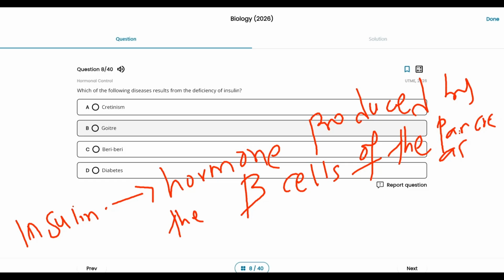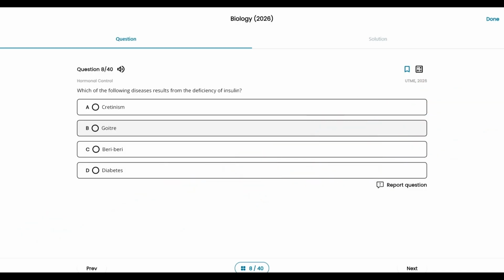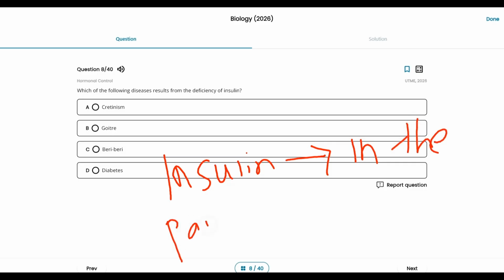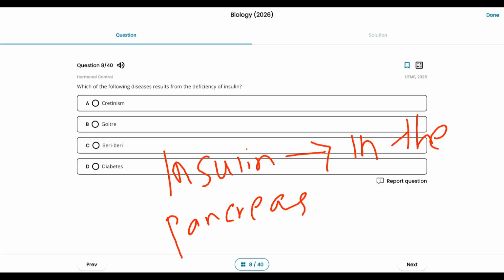So, in a nutshell, insulin is produced in the pancreas.